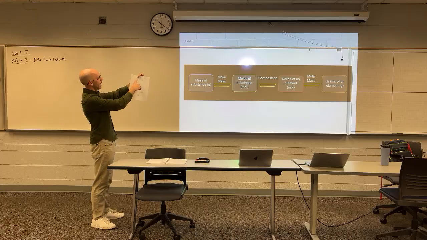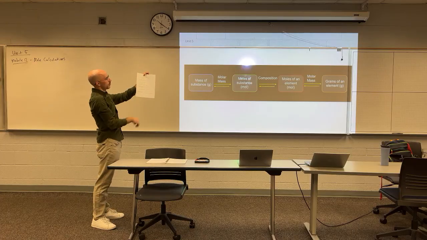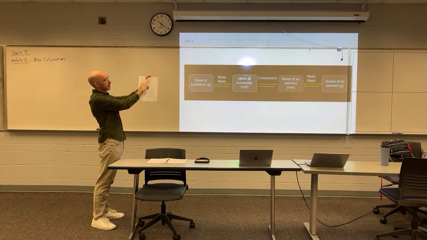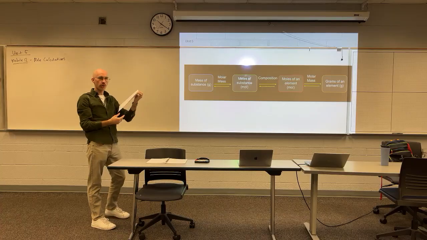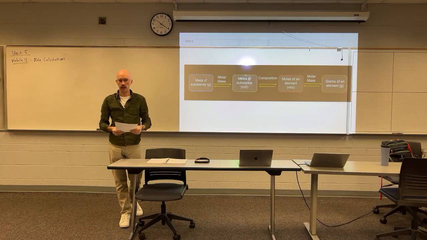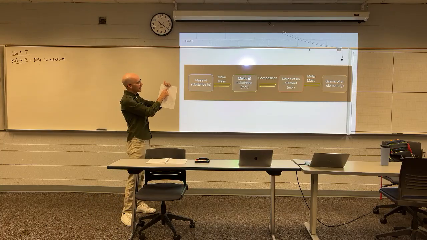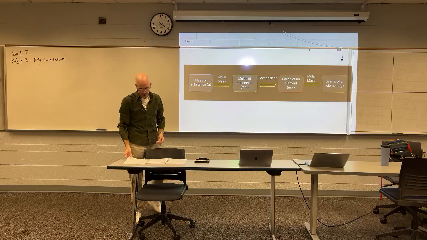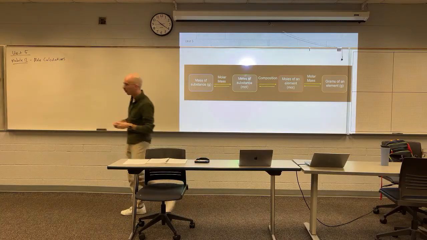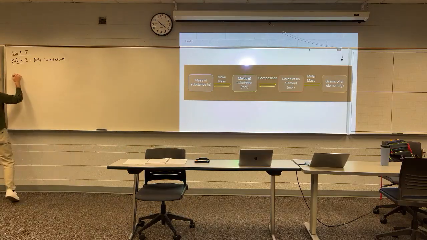I also have this split into a different direction where the number of moles can be converted into particles as well using Avogadro's number. And then in the middle, what I introduce here is a mole to mole ratio or a mole ratio.